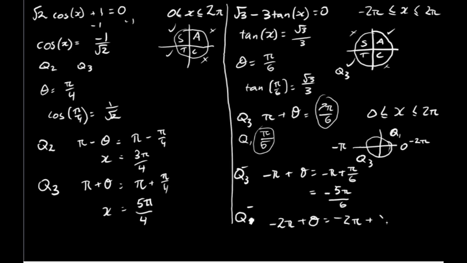So minus 2 pi plus pi on 6 will give me minus 11 pi on 6. So here's my first two, and here's the other two. So we end up with 4 solutions in total.